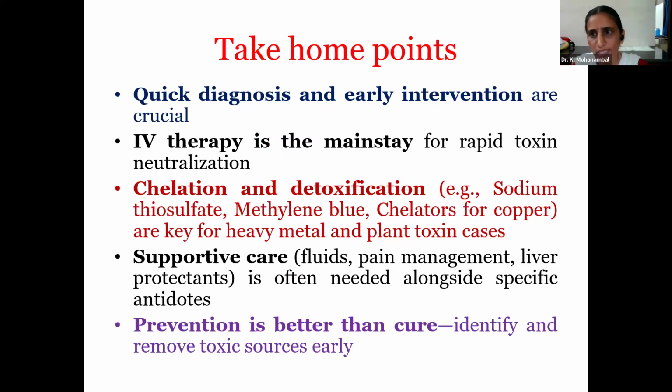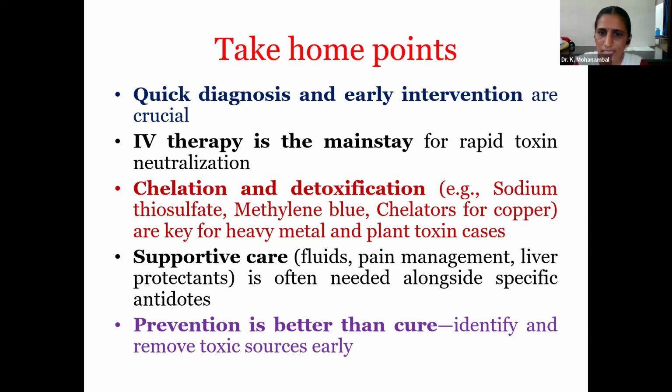The take-home points from this lecture are that we need to diagnose any toxicosis very quickly, and early intervention is crucial. IV therapy with proper antitoxins is mandatory. We need to act very rapidly.